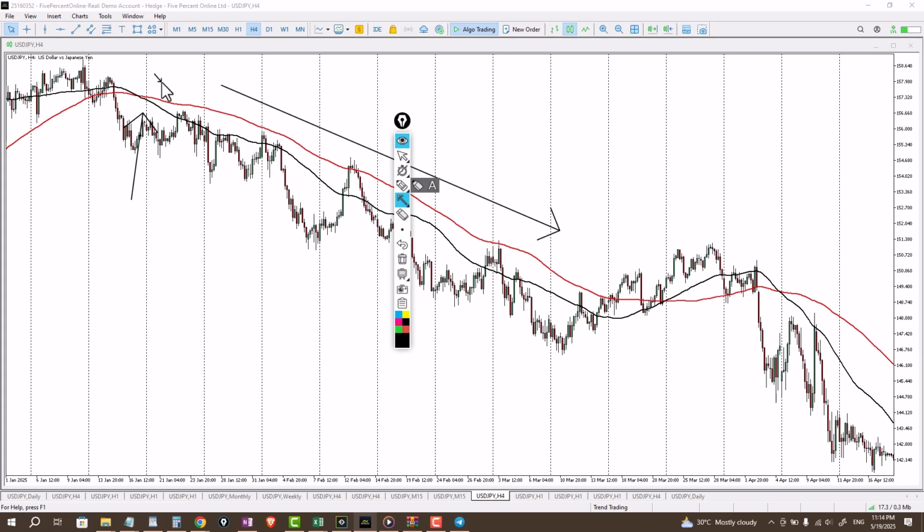So whenever this moving average crosses, it's just giving you an indication that price is likely going to move down, but it's not actually 100% confirmed. When the crossover happens, the probability that price is going to move down is higher than the probability that price is going to move up.